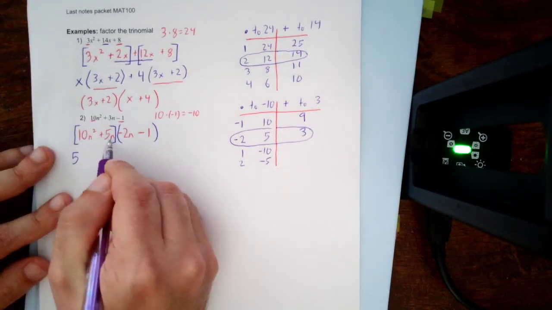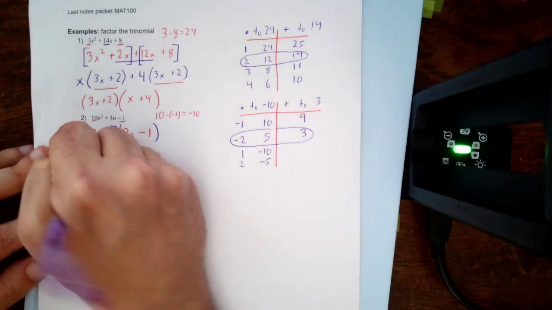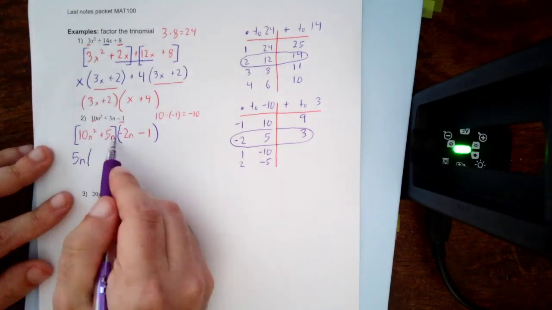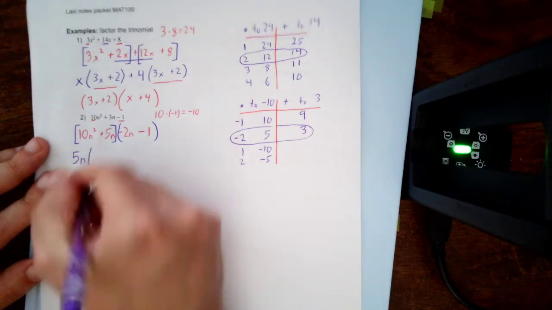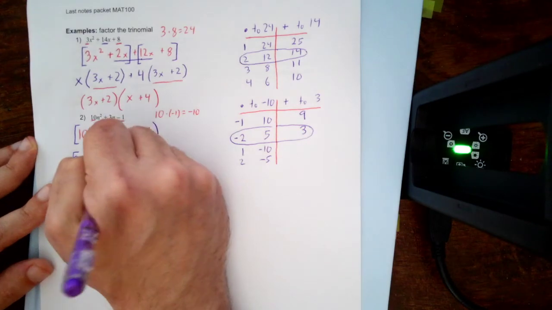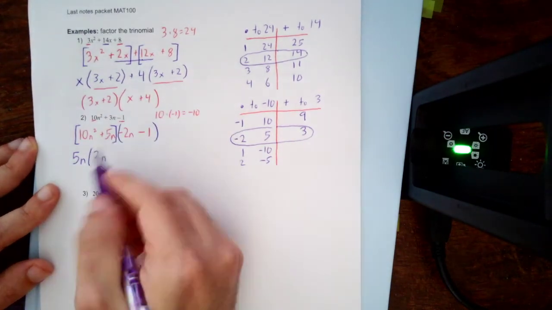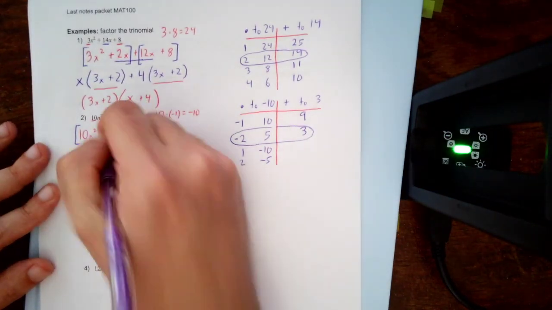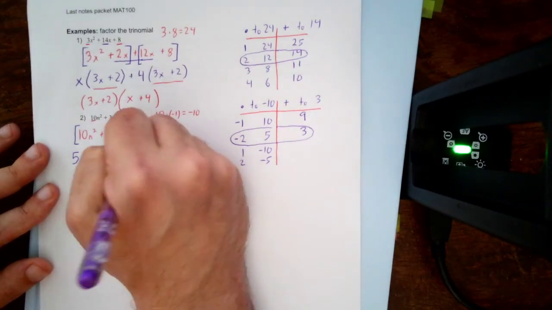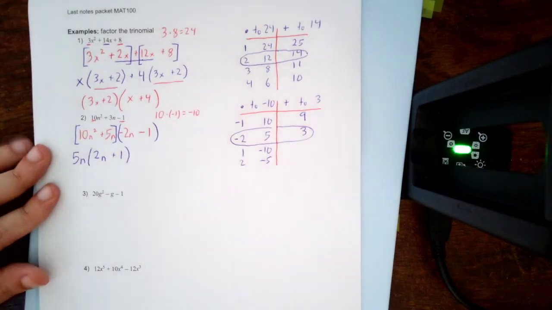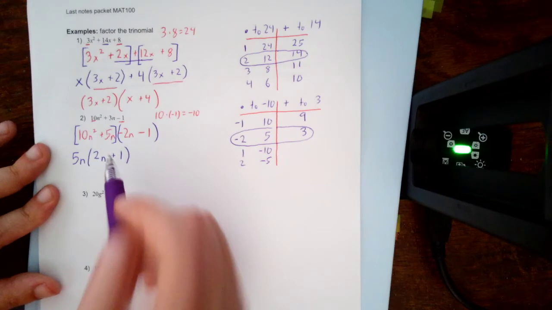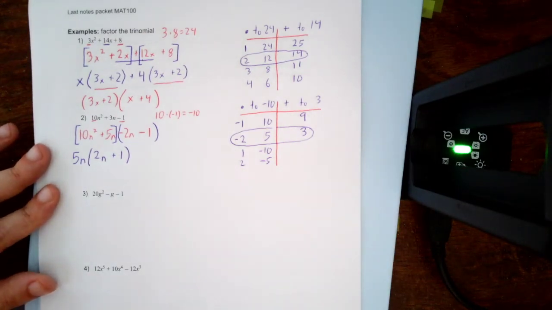And n squared and n both share a factor of n. Now, in this group, what is remaining? 10 divided by 5 is 2, and n squared, factoring out of n, leaves an n. Now, 5n, factor out of 5n, that's the whole thing, right? Which, if you factor the whole thing out, leaves you with positive 1, right? 5n divided by 5n would be 1, right? Something divided by itself is always 1.